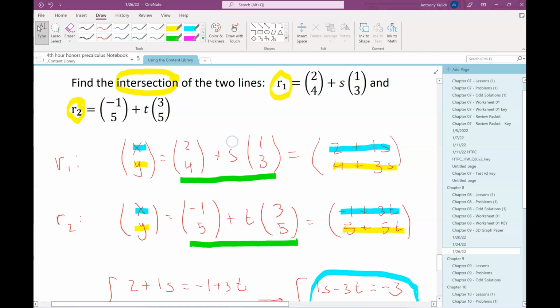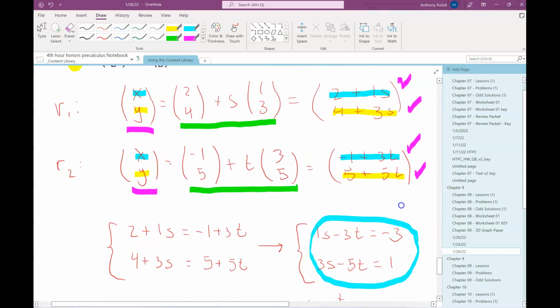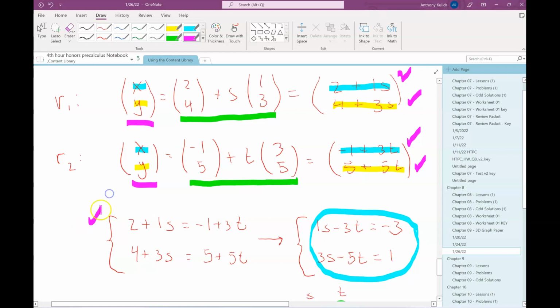So what we did is we said, okay, we're looking for the point vector in common between both of the lines. So we represented those point vectors as x, y. We described x in terms of R1, x in terms of R2, y in terms of R1, y in terms of R2, and then set the x's equal to each other and the y's equal to each other.